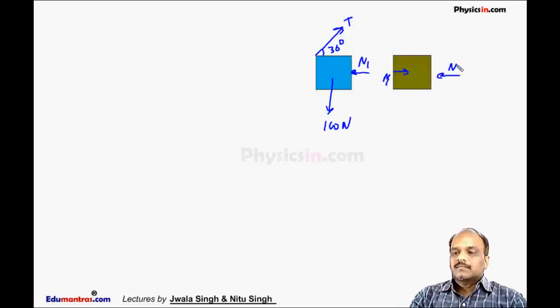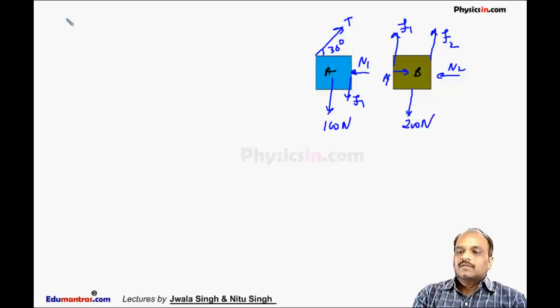This is N2. Since this block is going downward, the friction here is F1. Here the friction is also F1. Here the friction is upward, that is F2. The weight here is downward, equal to 200 Newton. This is our block A, this is block B.